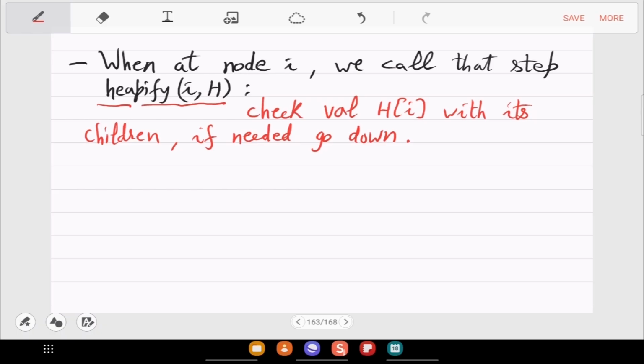Okay, so it exchanges this I with its min child, and if there is a need to go down, then you will do that, which we did at the root.